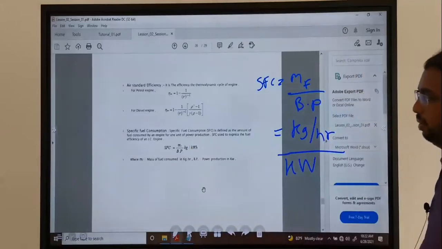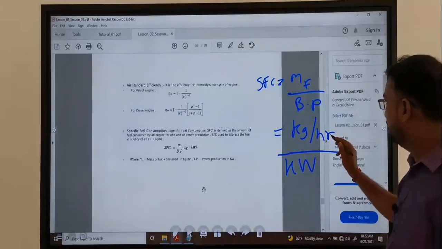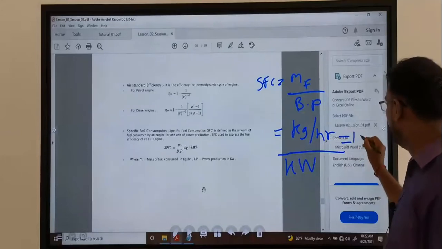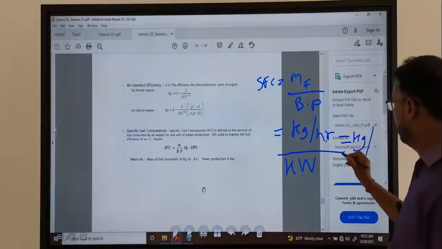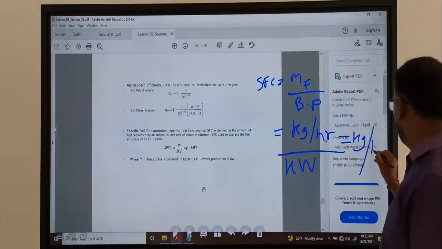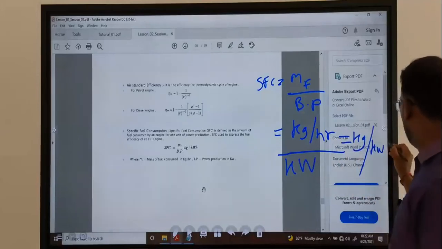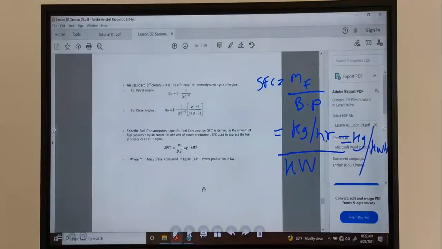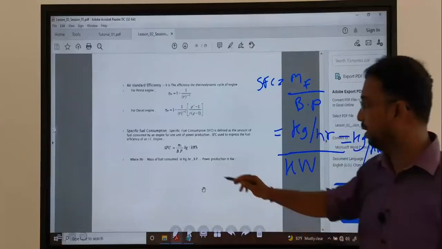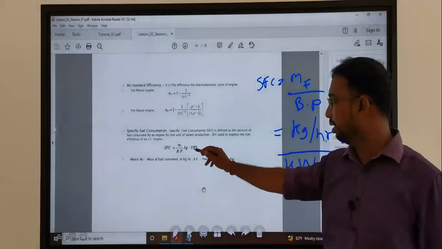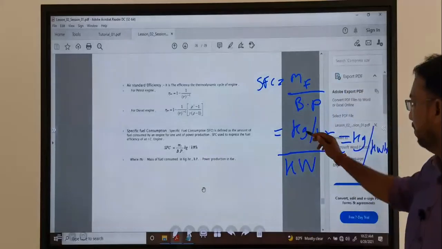So this is a very important thing. So this is the equation, we can write kilogram per kilowatt hour, kilogram per kilowatt hour, kilogram per hour.